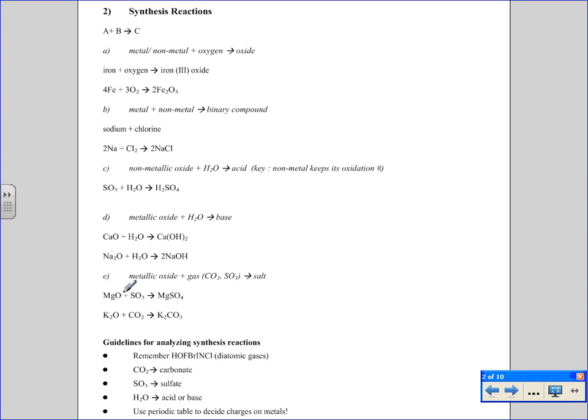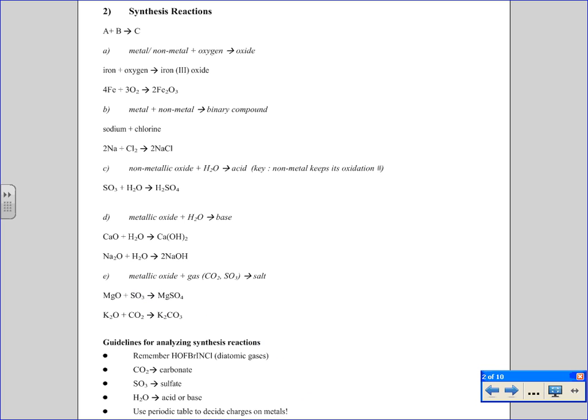I think of this oxygen as combining or upgrading the gas that I'm using. So the SO3 here, when it's reacting with an oxide, I'm gaining another oxygen, so that's giving me sulfate. CO2 is being upgraded essentially to carbonate here. And then I can produce the proper formulas for the ionic compounds.